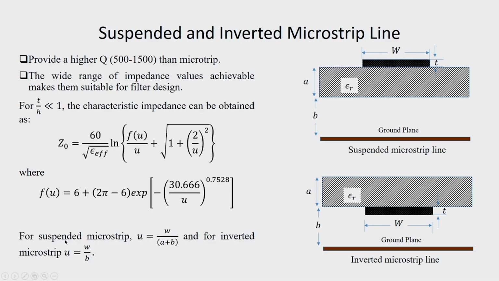and u as follows: u is w divided by a plus b when it is a suspended microstrip, and this is equal to w by b when it is an inverted microstrip. Then, substituting u, we can find out this function f of u, and when f of u by u is substituted in Z naught, we get the desired expression for Z naught.